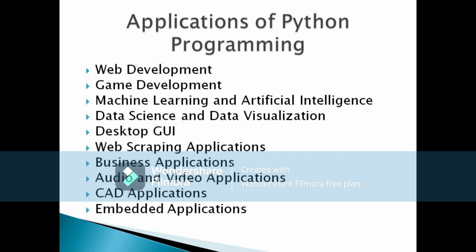Then we have web scraping applications. Web scraping, if you want to pull some data from websites, right? This could be used in real world processes, such as price comparison, job listings, and research and development work. There is a library in Python called Beautiful Soup, which could be used to pull the data useful for such types of applications.